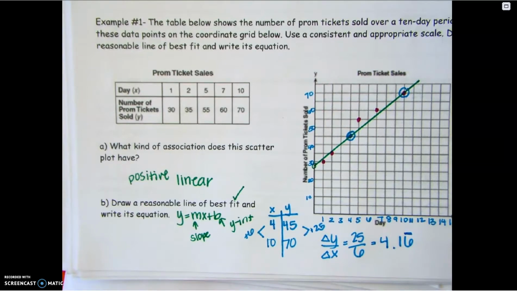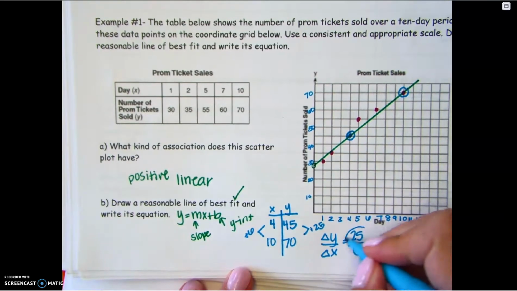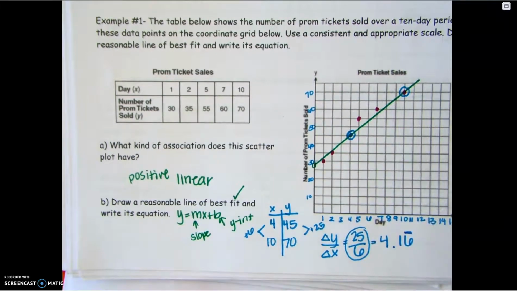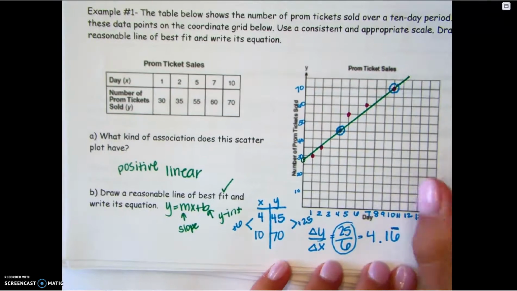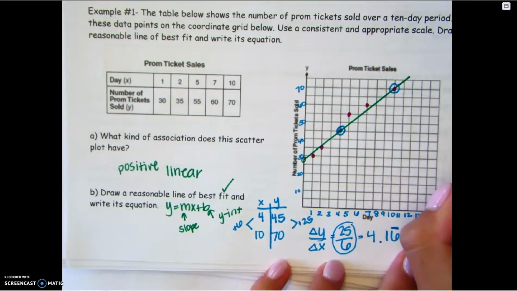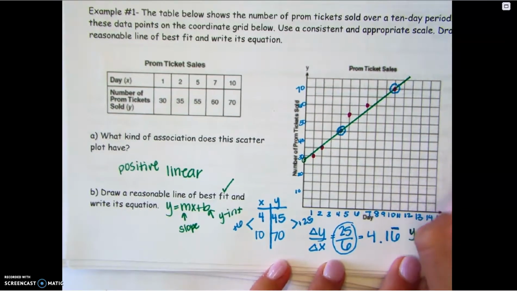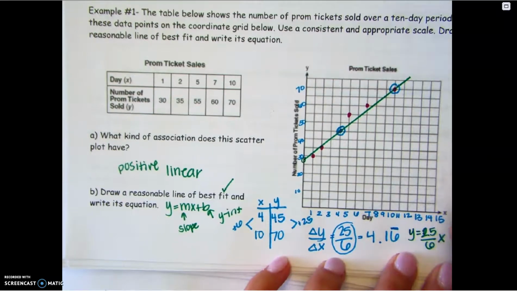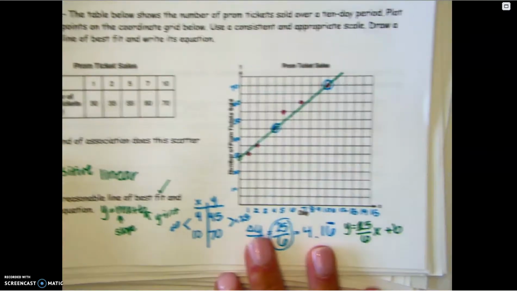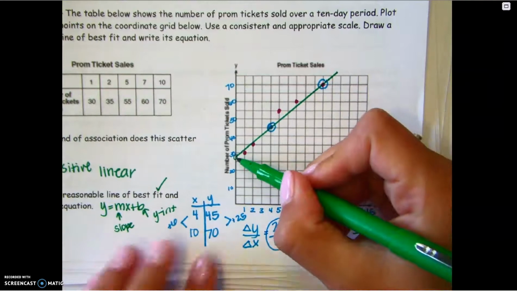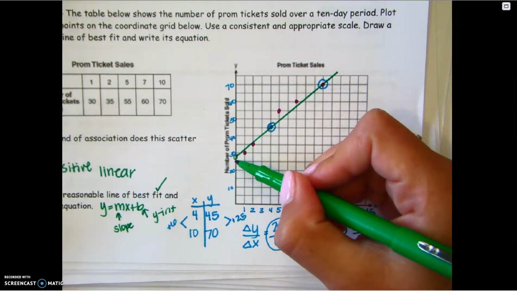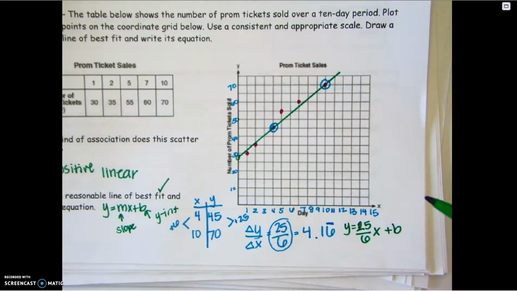Actually, I might leave it as 25 over 6, because when I go to calculate my y-intercept, that's going to be helpful. So right now I can write my equation of a line as y equals 25 over 6x plus b. I can kind of tell my y-intercept is probably going to be about 27, but I can't know that for sure.